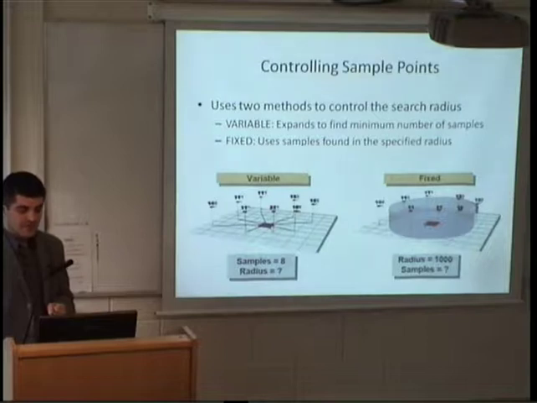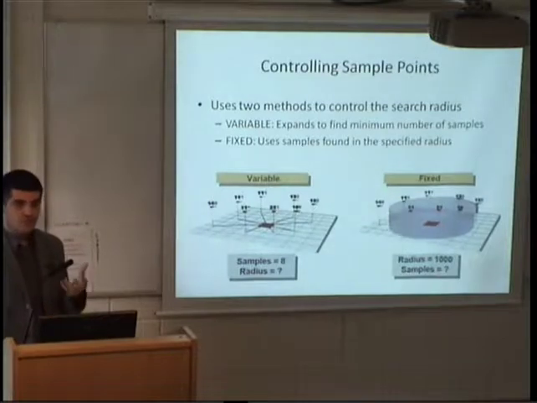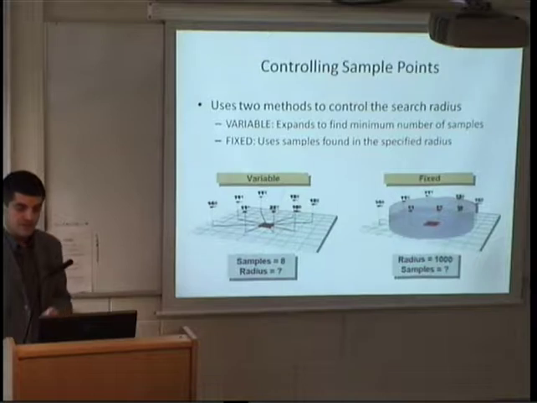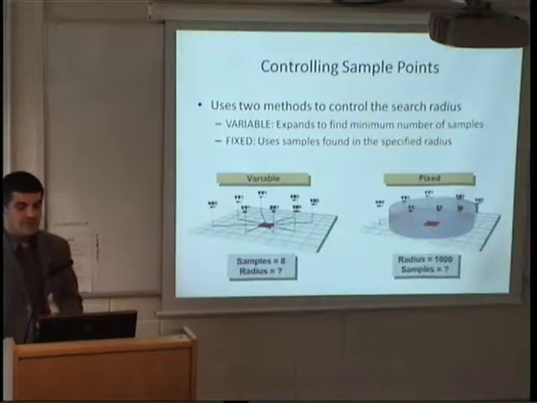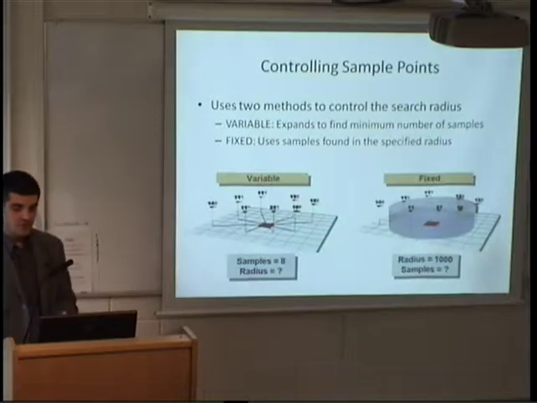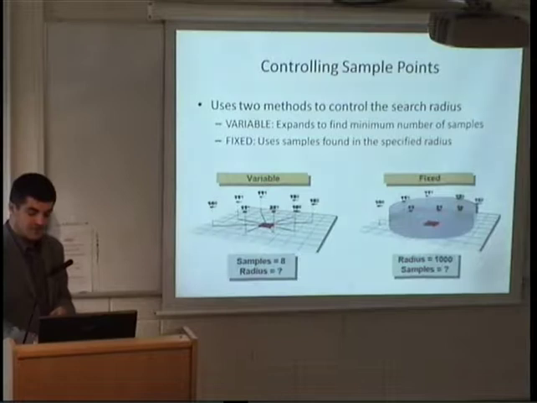One is the variable method, which expands to find a minimum number of samples, which means you give a minimum number of samples in order to calculate the value in the middle of the sample. And the other way is to use the fixed method, which uses samples found in the specified radius. So in this case, you give just the radius, which should be used in order to estimate the value in the center of that circle.